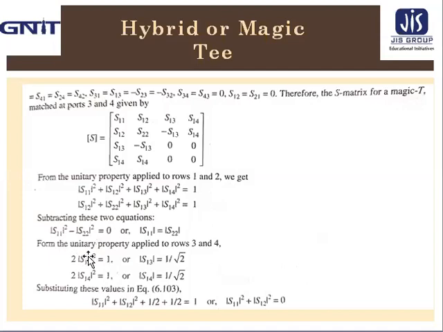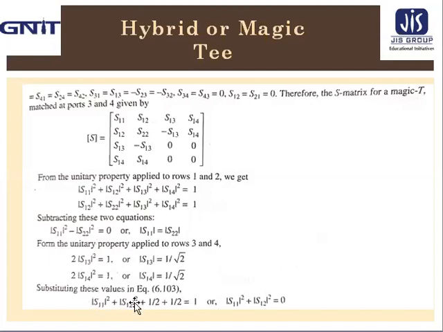And from the unitary property applied to rows 3 and 4, we can write 2 mod of S13 square equal to 1, or mod of S13 equal to 1 by root 2, and 2 mod of S14 square equal to 1, or mod of S14 equal to 1 by root 2.